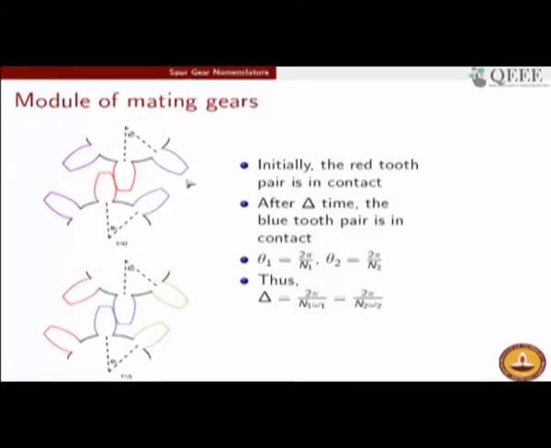Similarly, the time taken by the blue tooth to come and sit in the position of the red tooth at the level of gear 2 will be theta 2 divided by omega 2. Theta 2 has already been found as 2 pi by n2. So, we have 2 pi by (n2 omega 2) as the time taken.